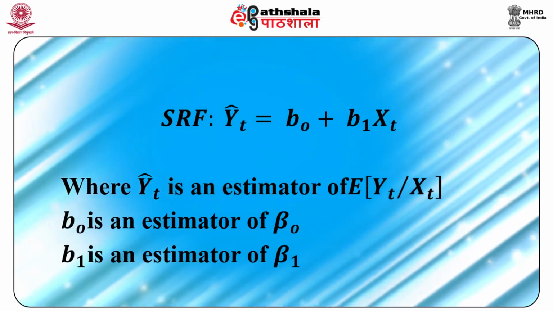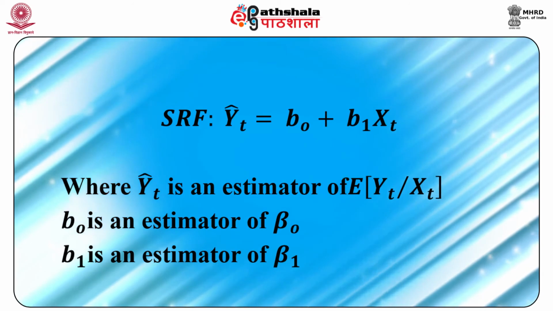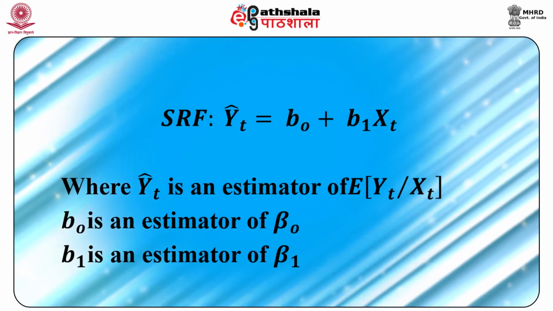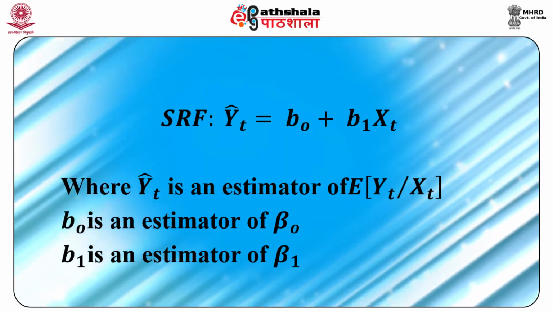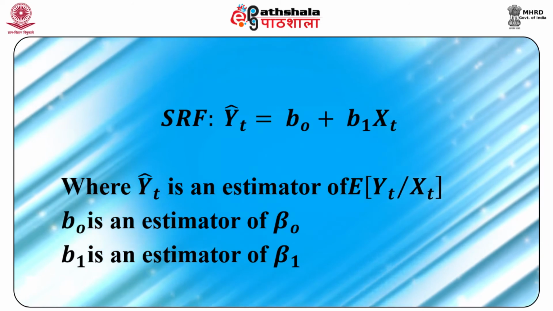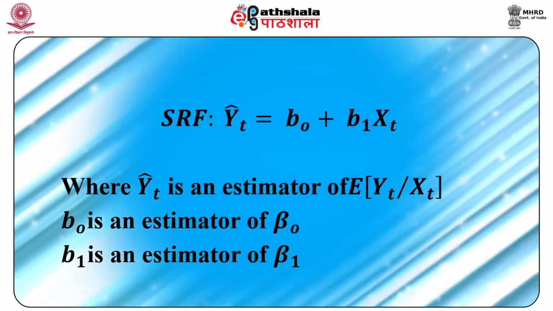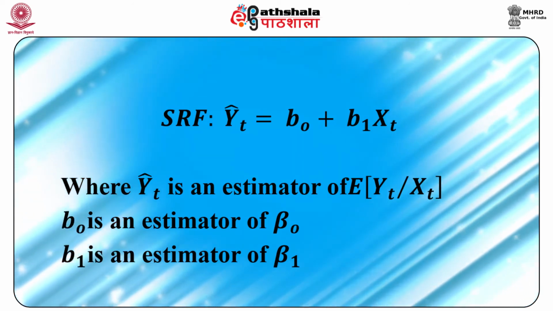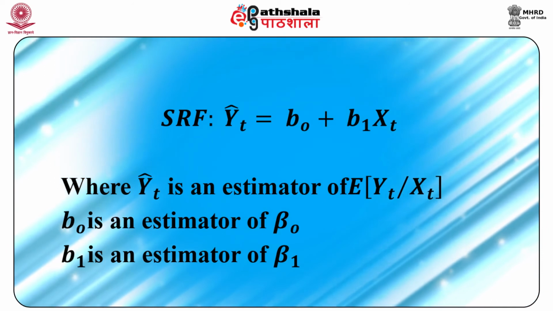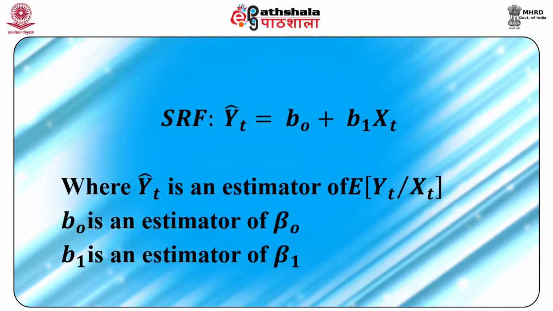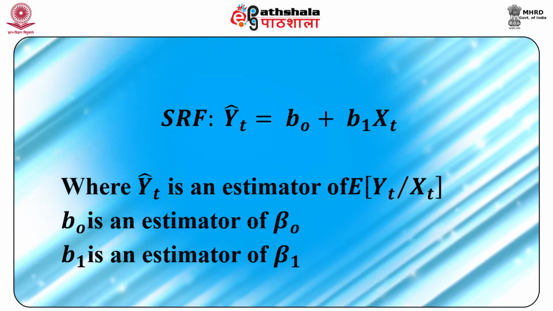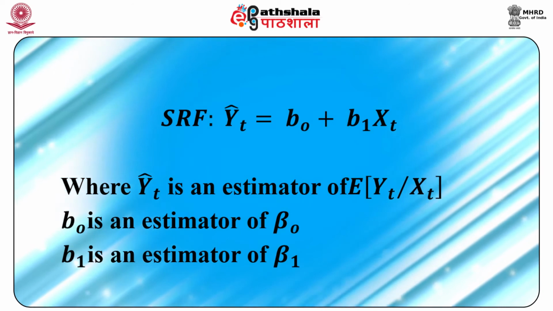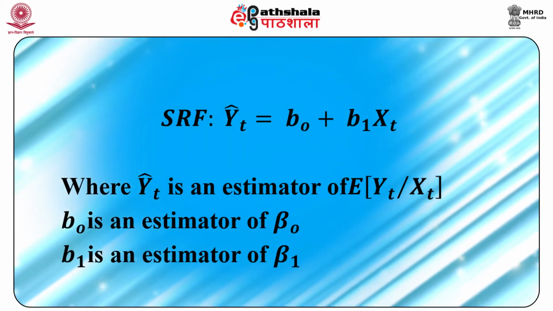The sample regression function, SRF, is the counterpart of the PRF, the population regression function, and it can be expressed as SRF: yt hat is equal to b0 plus b1 xt, where yt hat is an estimator of the expected value of yt given xt, and b0 is an estimator of beta 0 and b1 is an estimator of beta 1 of the population regression function.